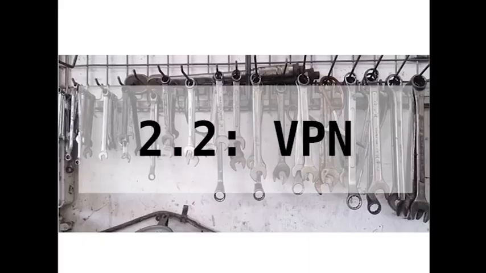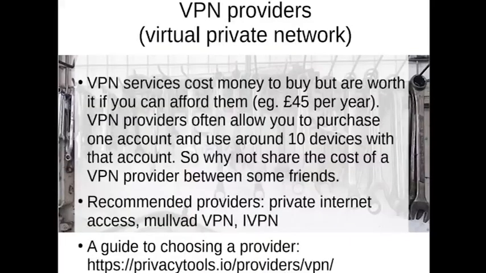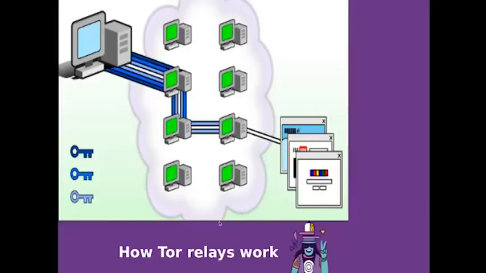So VPNs. I love this picture of spanners. Virtual private networks. So basically what you are doing is you're paying somebody to use their computer. So if we go back to how Tor really works, in effect, the Tor network, you're using 3 people's computers to access a website.